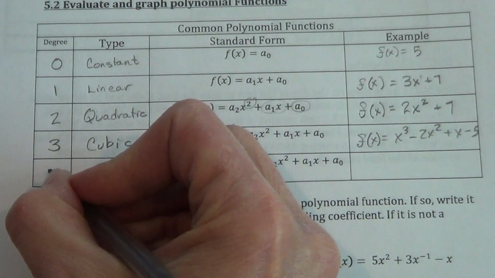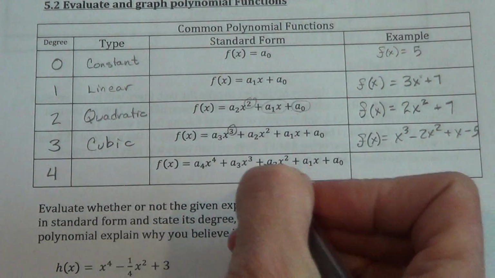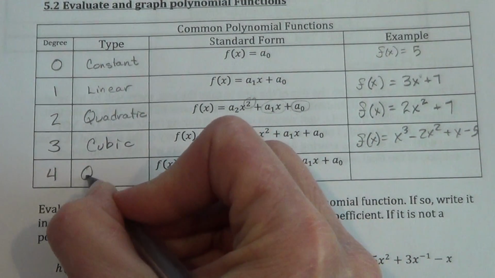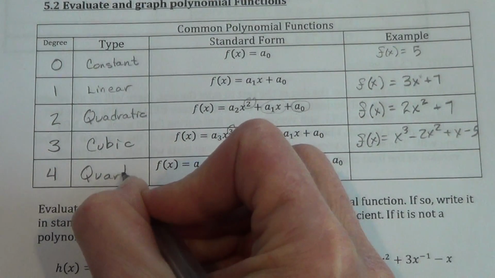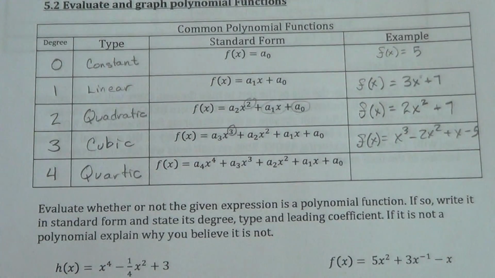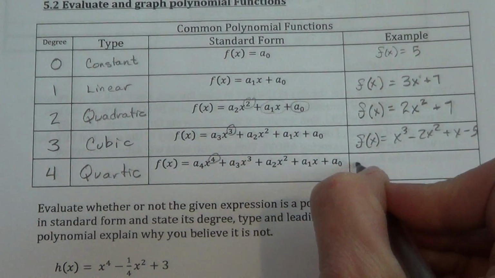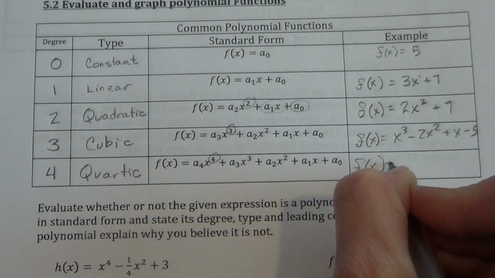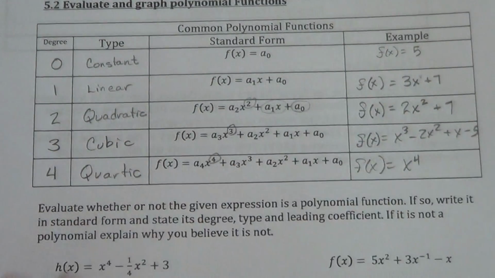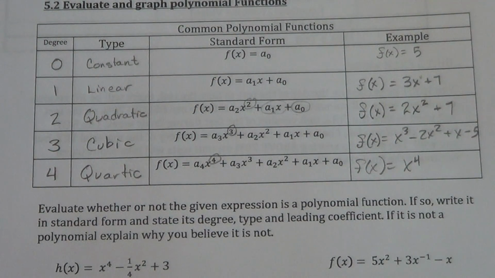The next degree would be 4th degree. We call that quartic. And the highest degree will be 4. You could just simply have f of x equals x to the 4th. Okay, you could have any number of terms that have a lower degree than that with it as well.